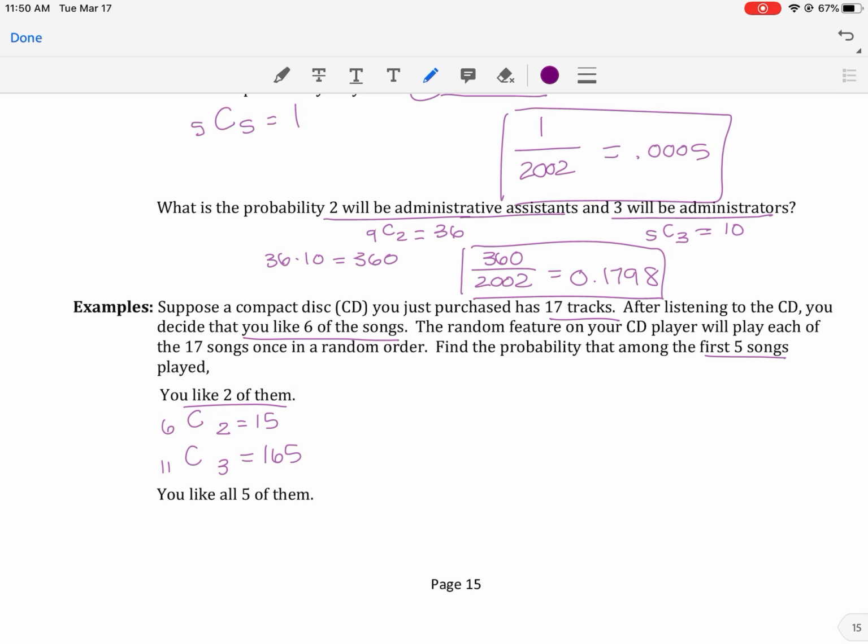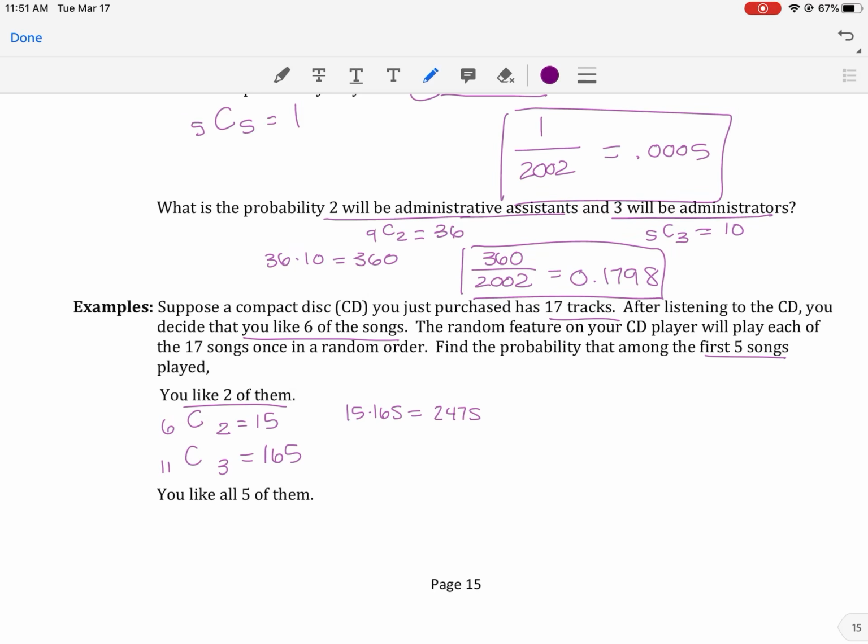So if we want to get exactly 2 that you like and 3 that you don't like, well, we have 15 ways to choose the ones we like and 165 ways to choose the ones we don't like. So we multiply those together to say there's a total of 2,475 ways to get exactly 2 songs that you like.